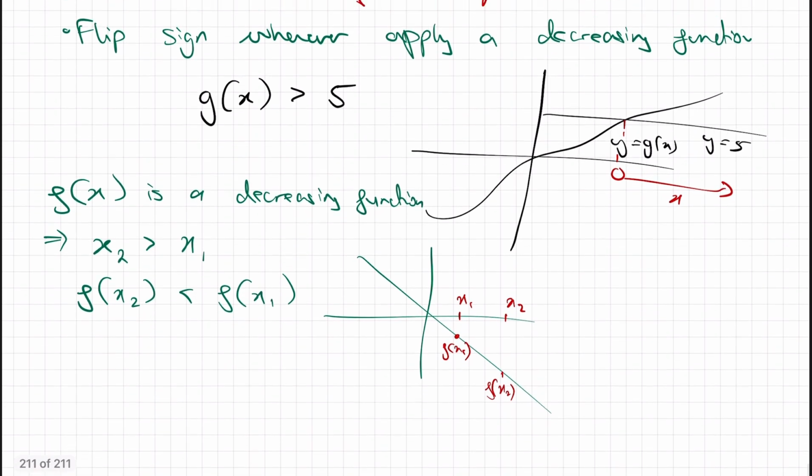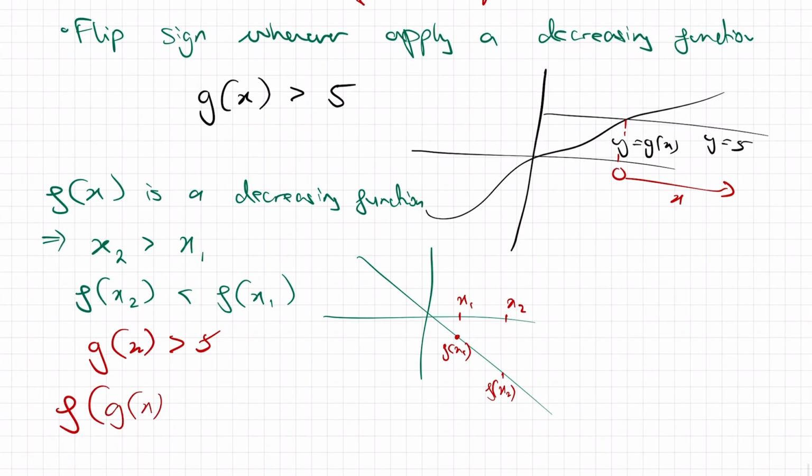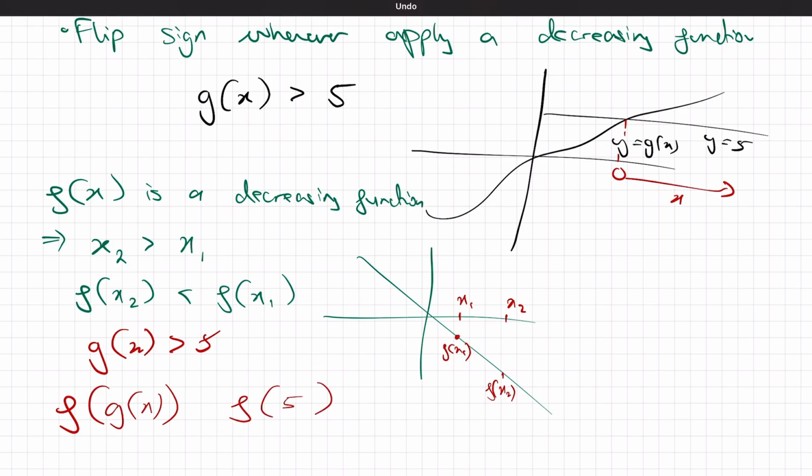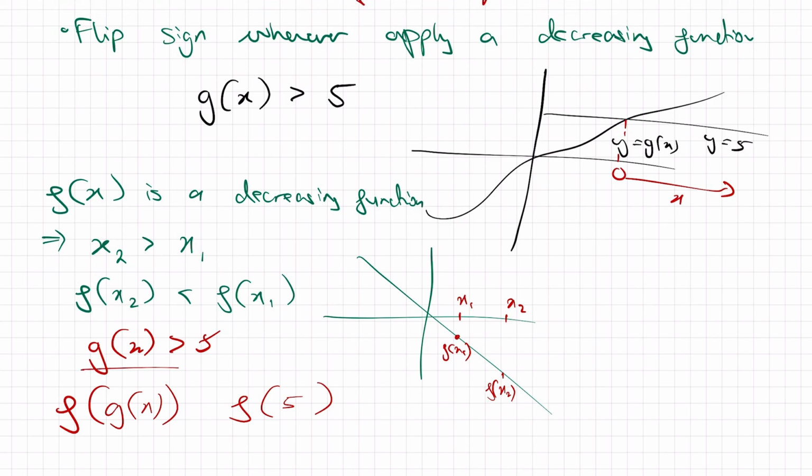So if we look at our example from earlier, g of x is greater than 5. In this case, g of x would be x2 and 5 is x1. So if we were to apply f of x to both sides, f of g of x and f of 5, since g of x is the larger x value in this case, it's the output, but it's also getting fed back in, so it's an x value now. f of x2 is going to be less than f of x1.